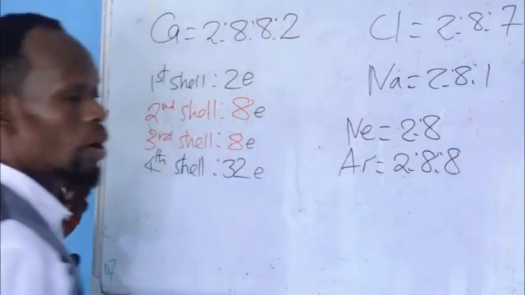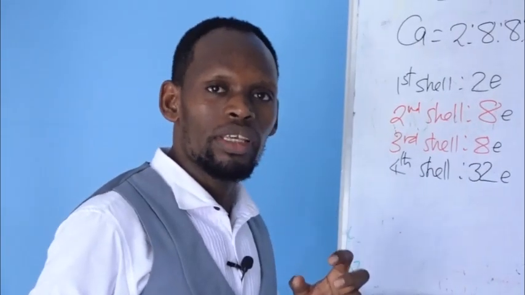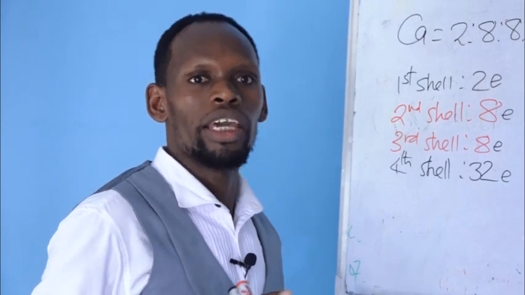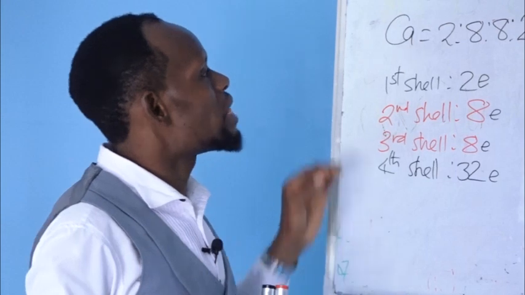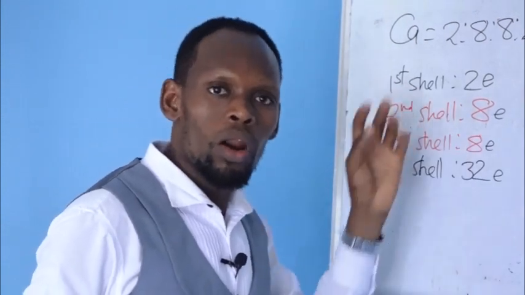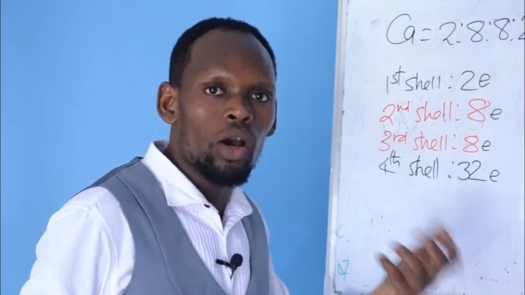So it is stable. Now, my friend, all stable atoms don't react. They don't need to give or gain an electron. But all unstable atoms need to either gain or lose electrons.